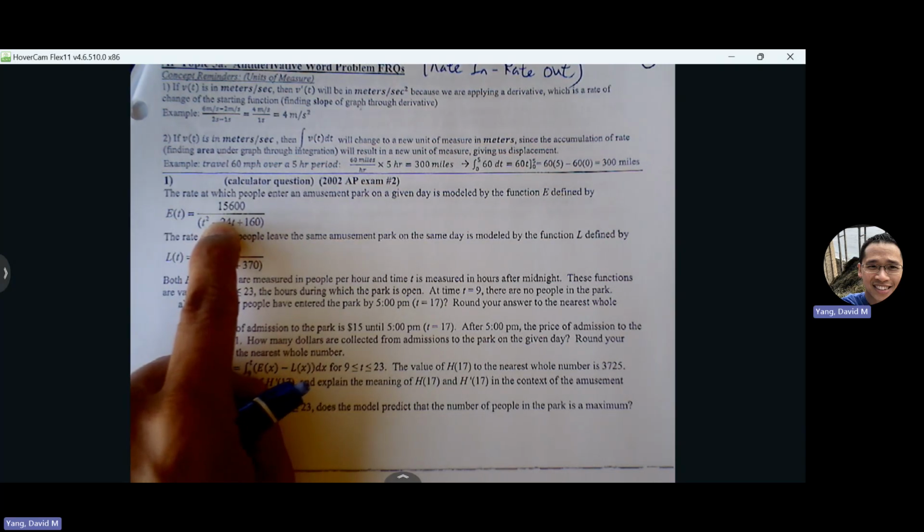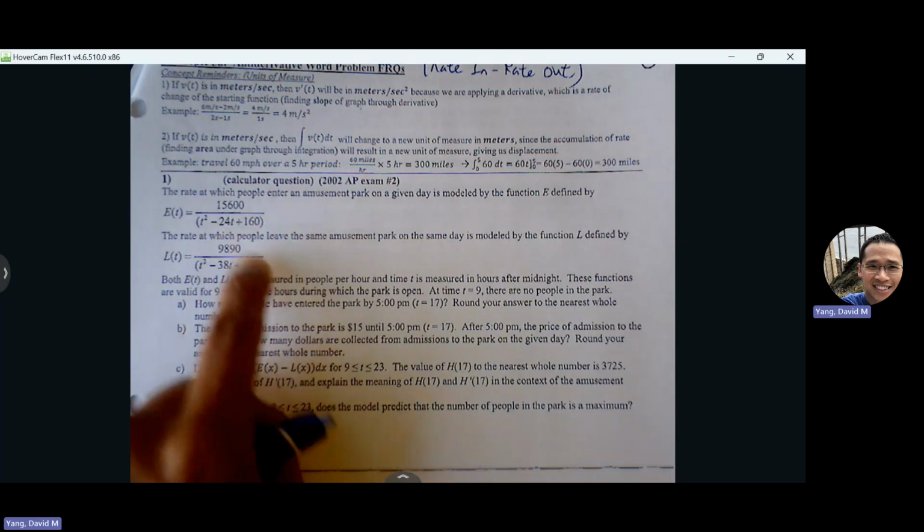Maybe at 9 a.m. you have 200 people per hour entering the park. But then by like 4 p.m., the rate at which people are entering the park is probably really low, right? Most people have already been in the park and they're thinking about starting to leave.